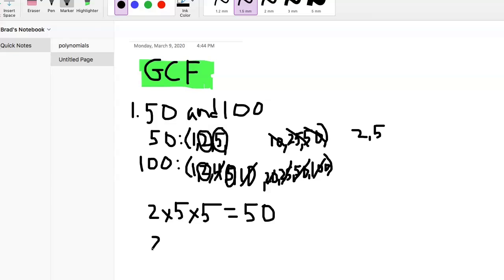We have 2 times, another 2 would still work, right? That would give us 4. And then 4 times 5 is 20. So we'll put in a 5 here. And 20 times 5 is 100. So that's our prime factorization of 100 right there.